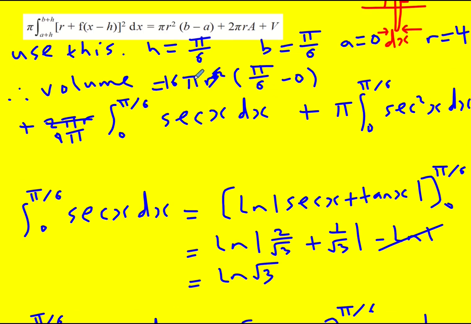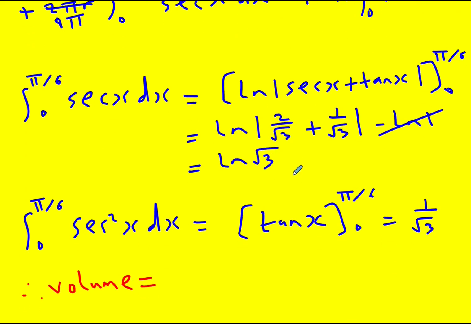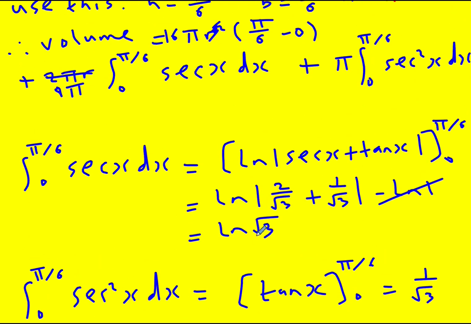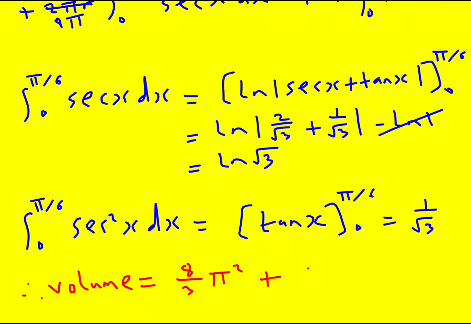So therefore, the volume will be 16 pi times pi over 6, which will be, well, 16 over 6 is 8 over 3 pi squared. Then I'm adding 8 pi times ln root 3. Then I've got my pi times my 1 over root 3, which is pi over root 3.